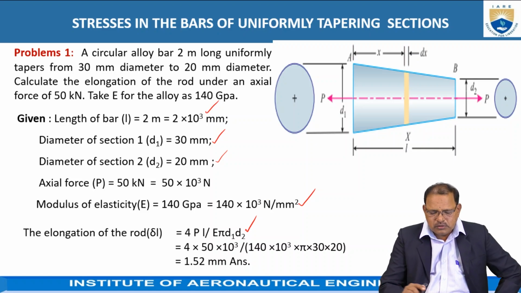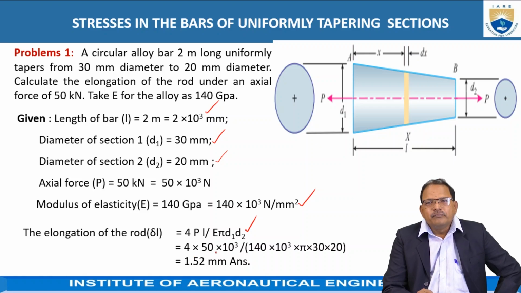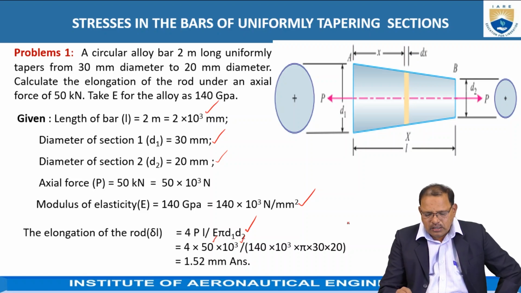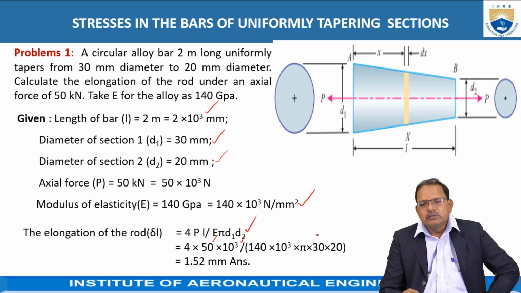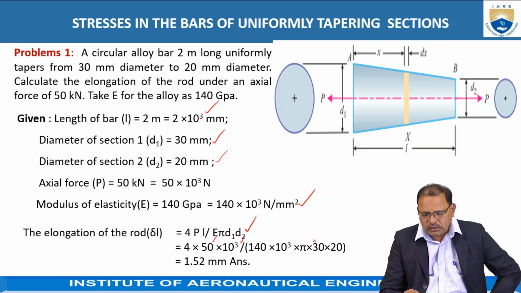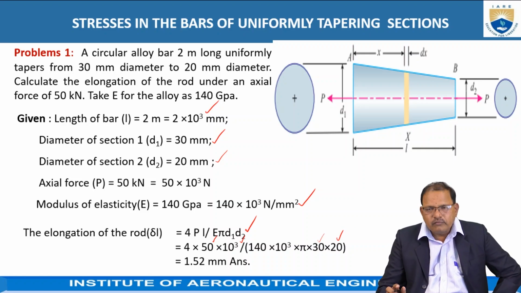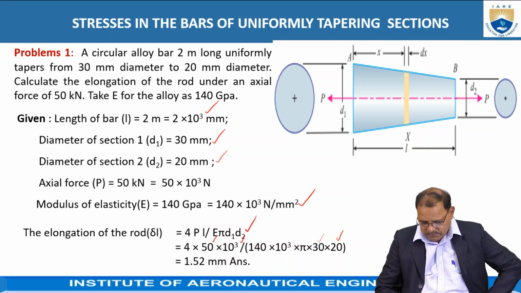This is equal to 4 into the force acting on the rod, 50 kilonewtons, so 50 into 10 to the power of 3, divided by E, 140 into 10 to the power of 3, pi D1 D2. These represent the diameters at both ends, which is 30 into 20. So finally we get this value, which is equal to 1.52 mm.